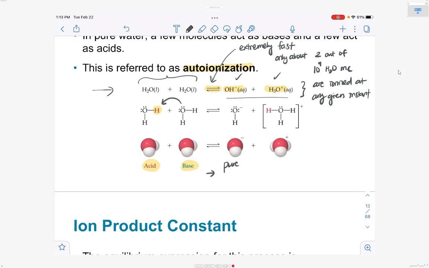Pure water contains entirely water molecules rather than ionized species, and therefore, pure water is a poor conductor.